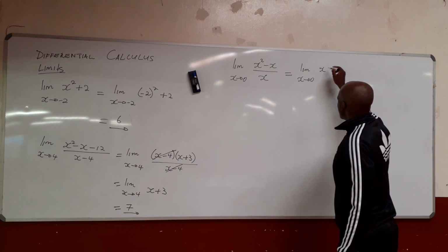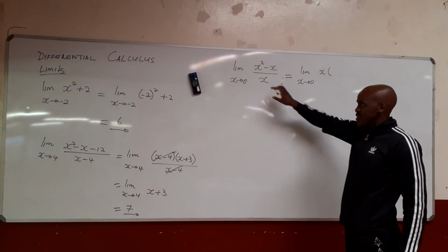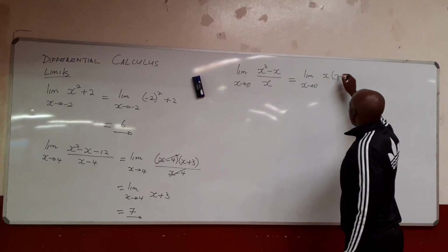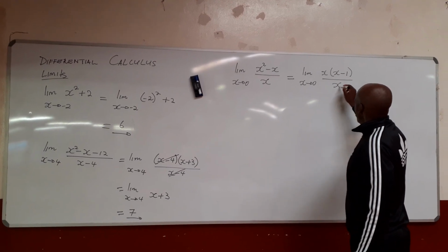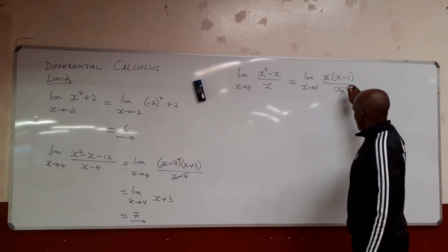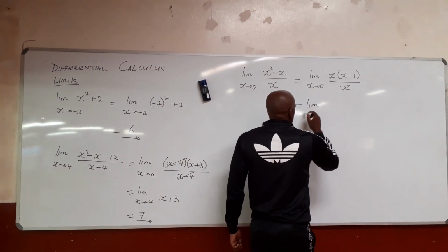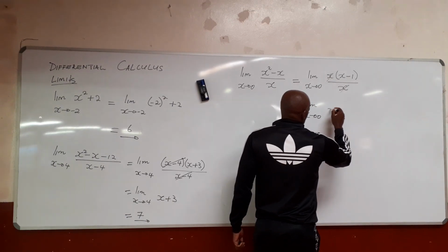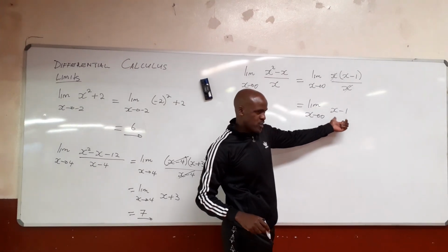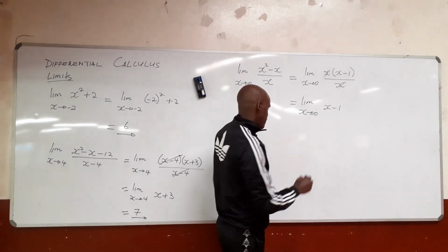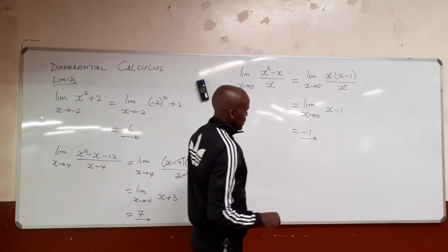So here we take out x. This will be x times x minus 1, all over x. So this divides that, and now we are left with x minus 1. As x approaches 0, the answer will be negative 1.